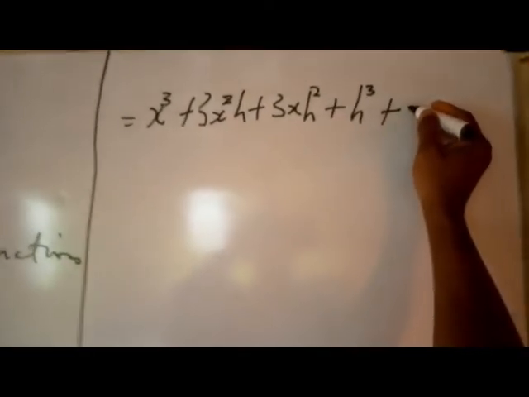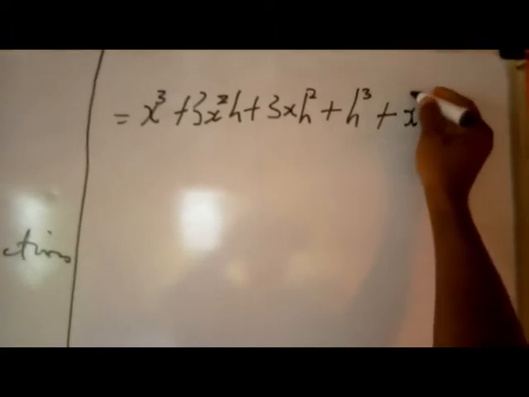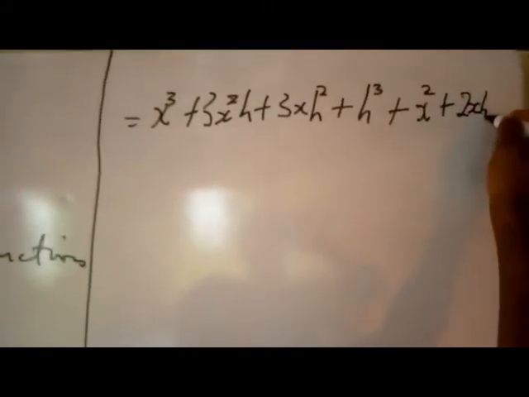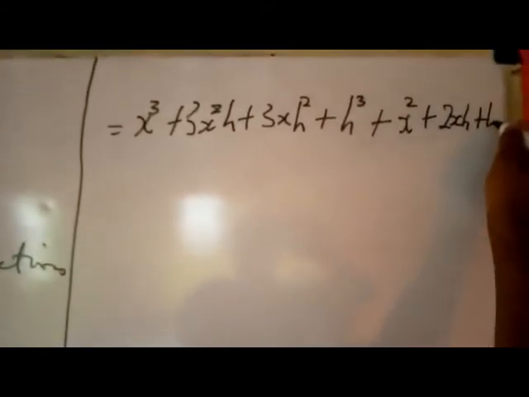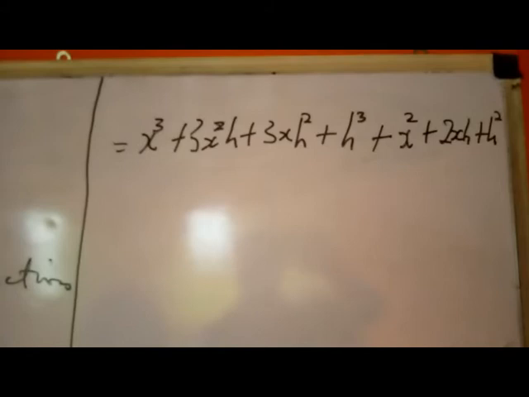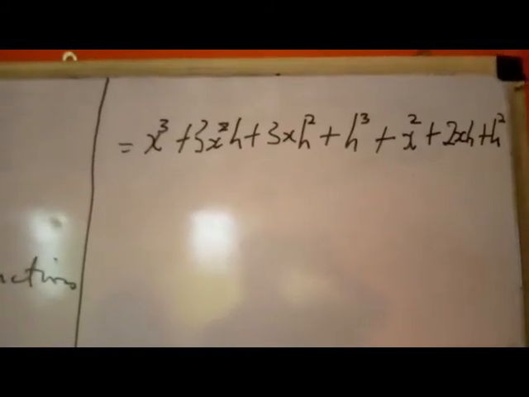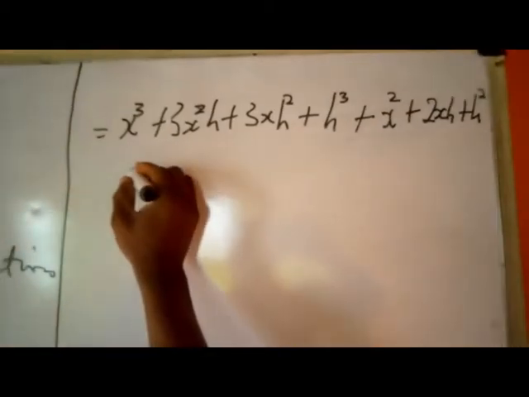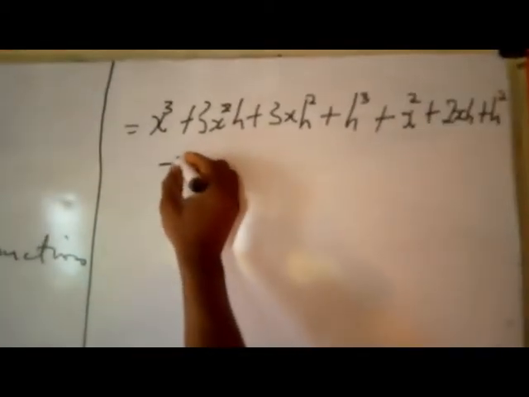Our x plus h squared is simply x squared plus 2xh plus h raised to power 2 or h squared. So which means we have answered this. So don't forget you have minus 1. So you put minus 1.